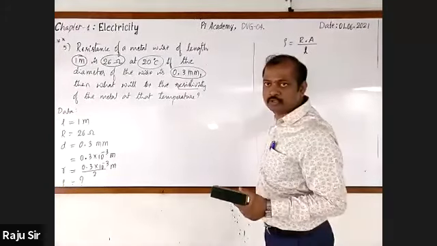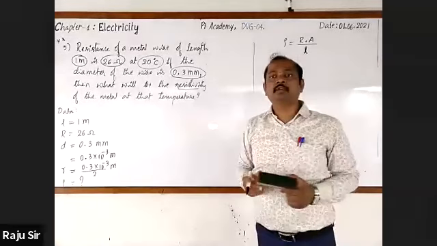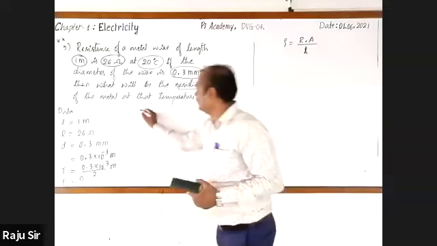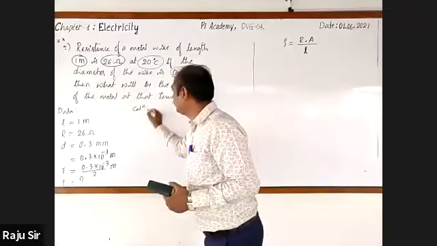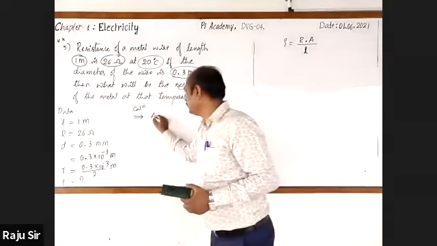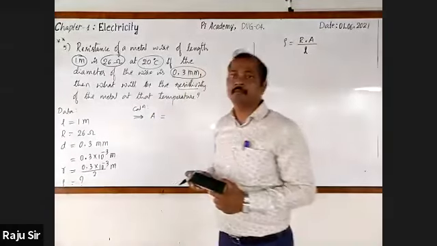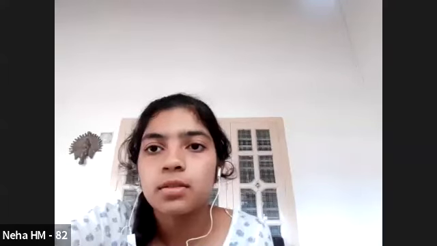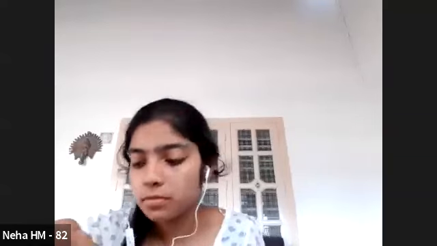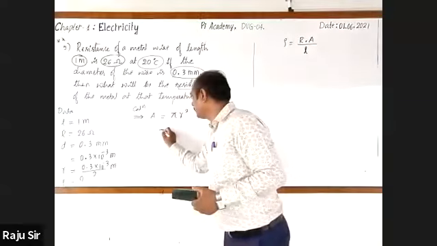So before going to use this formula, first we have to find out area of cross section. What is the formula? Pi r square, because area of cross section is in circular form. Area of circle is pi r square.